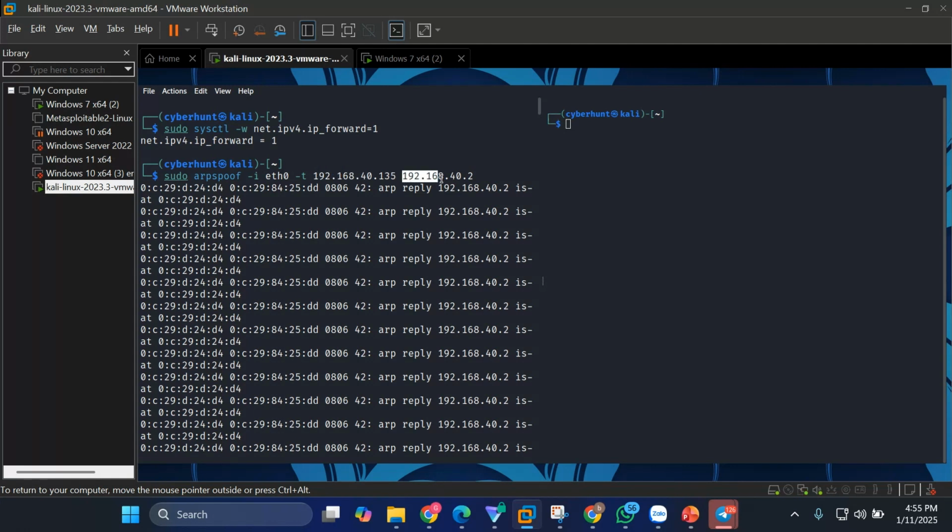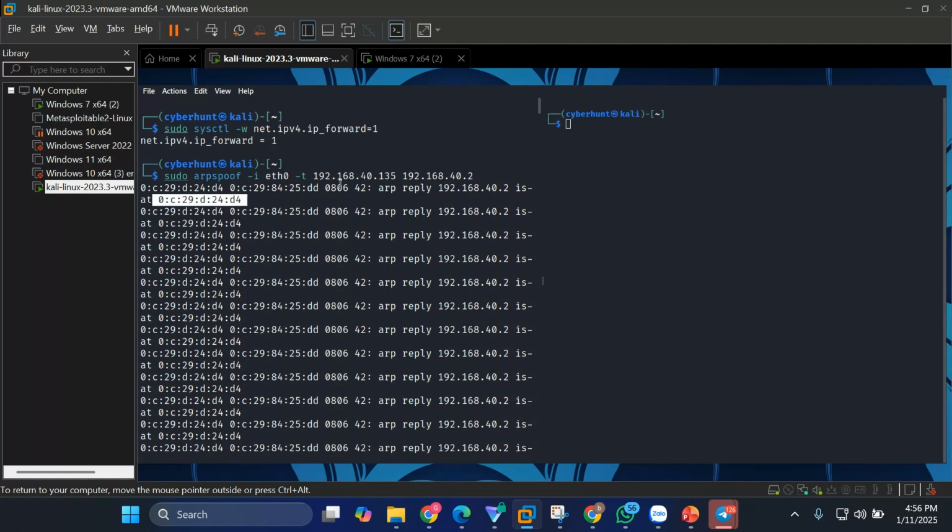So now this router here has to respond back to the Windows operating system. For it to respond back, it needs to present an ARP reply, meaning that the Windows operating system is going to do an ARP request using its IP address as well as its MAC address, and then the router is going to respond with its own IP address as well as its own MAC address.